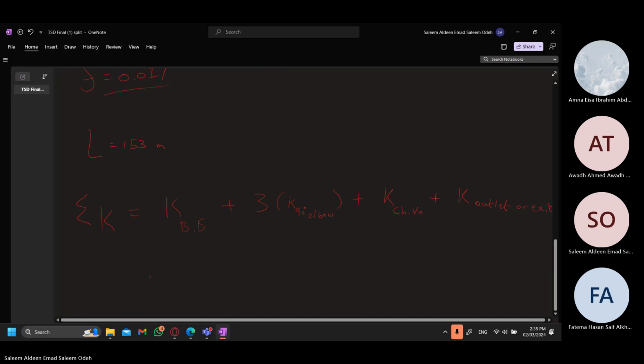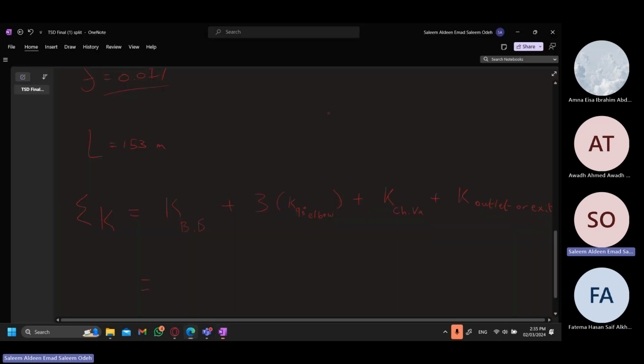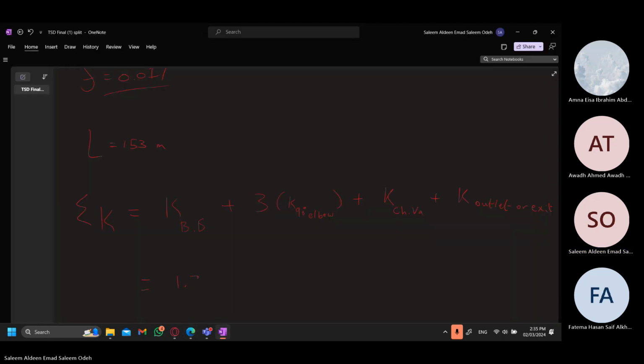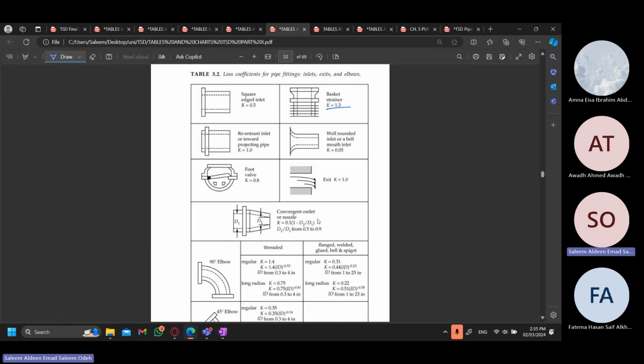Both of them work. The K value for a basket strainer is 1.3, plus 3 times the 90-degree elbow.